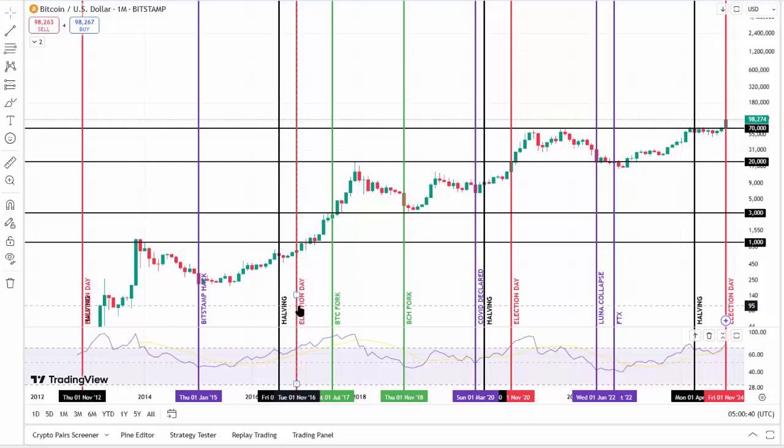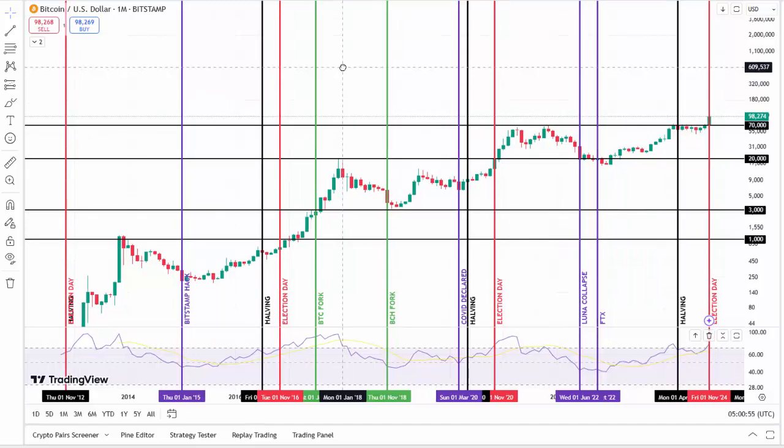You see there's a gap between the halving and election, and then halving and election, and then halving and election. There's a bit of a gap because the halvings have been happening 3 months faster than expected, according to Bitcoin theory. The halvings are not based on time, they are based on the number of blocks.